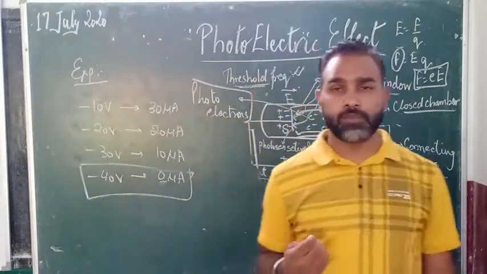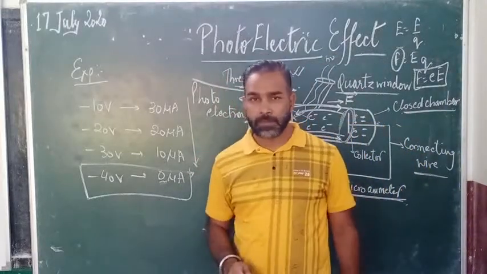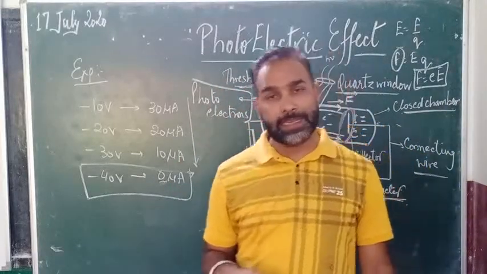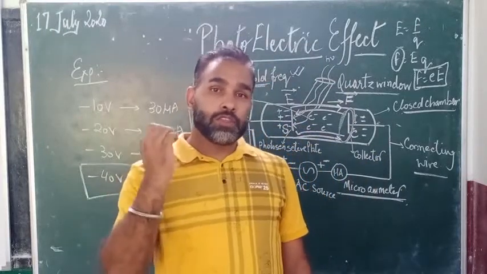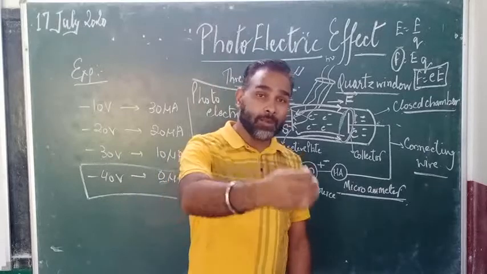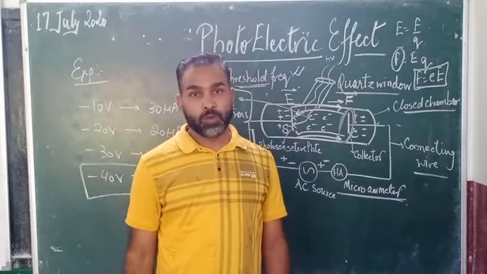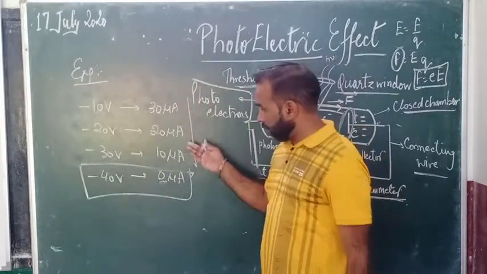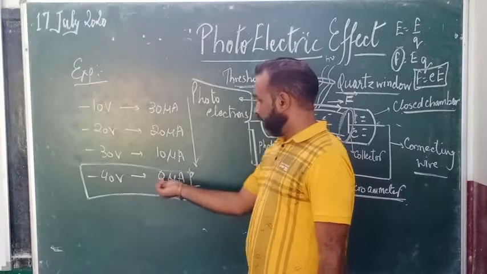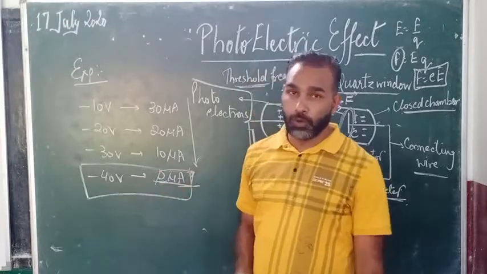Through experiment, it was observed that there is a gradual decrease in the photoelectric current when we change the polarity or a negative potential is applied. Okay, so it was observed and a case came when the photoelectric current becomes 0.